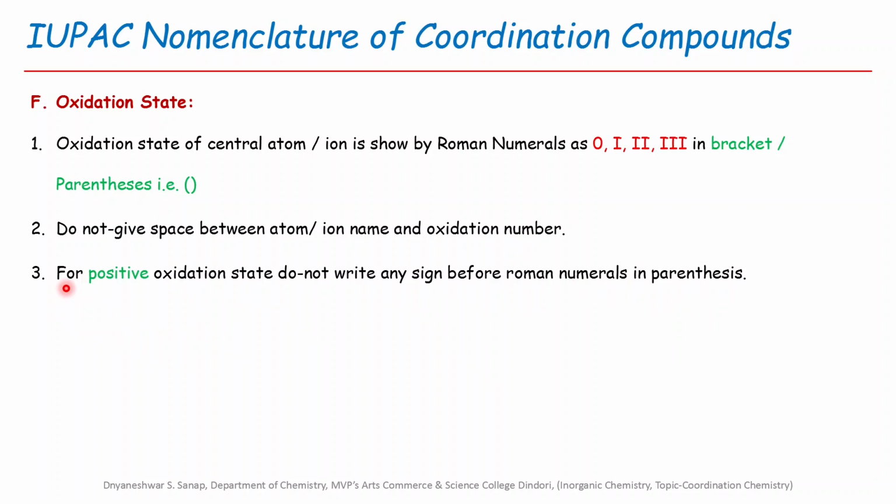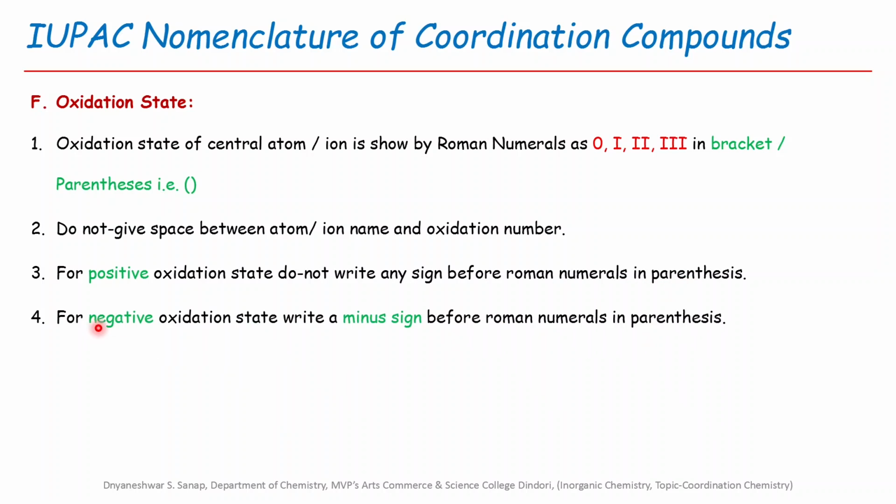The third important rule is for a positive oxidation state, do not write any sign before the Roman numeral in the parentheses. The fourth important rule is for a negative oxidation state, write the minus sign before the Roman numeral in the parentheses. The fifth important rule is for a zero oxidation state, always write 0 in the parentheses. Do not avoid writing 0 in the parentheses.